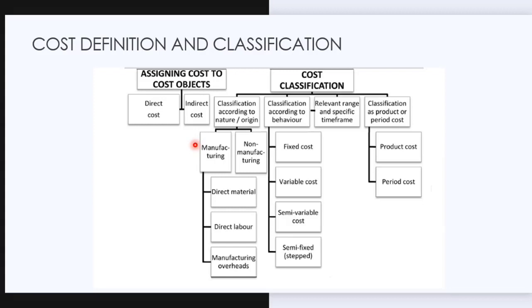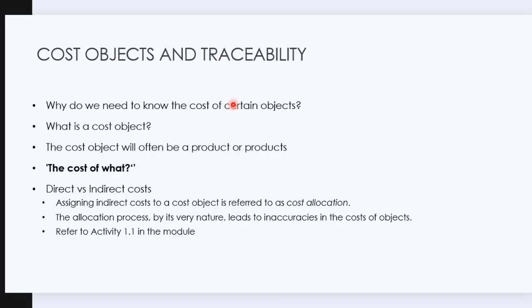So before we head there, let's make sure we get the basics right and you understand. So how you answer the question of cost object, you have to say it's the cost of what. So the object is the what? It's the cost of the table, it's the cost of the sofa, it's the cost of the laptop.